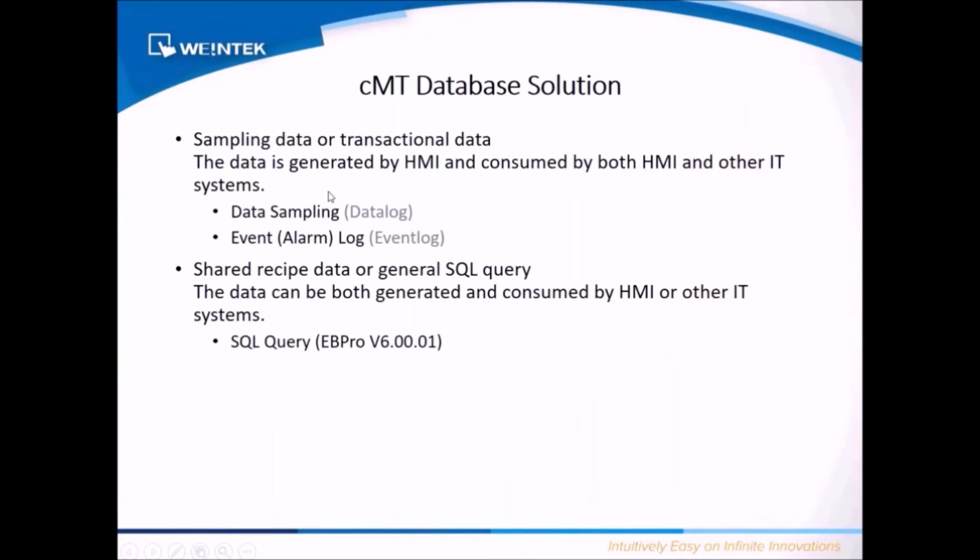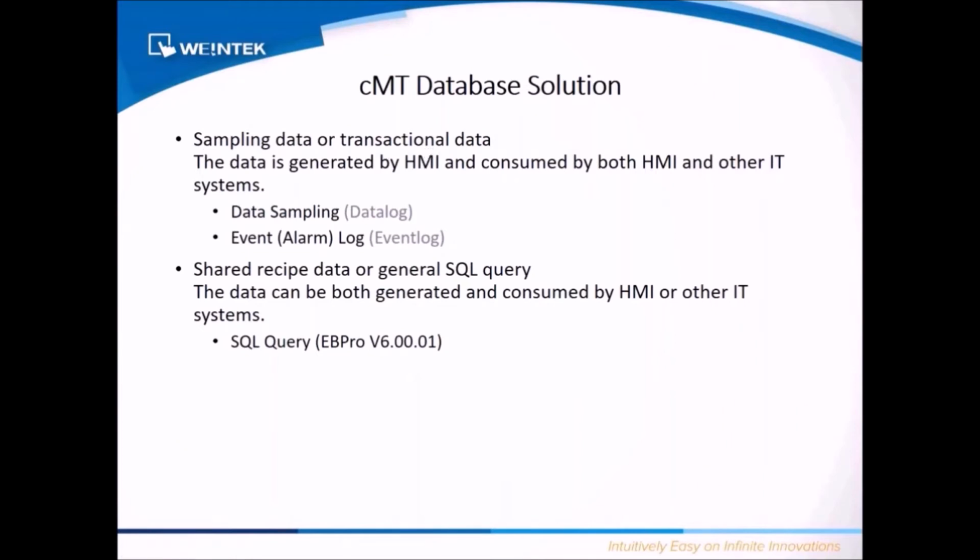And for right now, if you have EasyBuilder Pro 5.07.01 or 2, you have data sampling and event alarm log that you can store into a database. Okay, so for our CMT Database Solution, for this first one, we focus on the sampling data and transactional data.